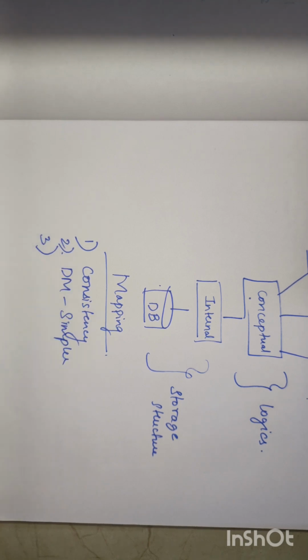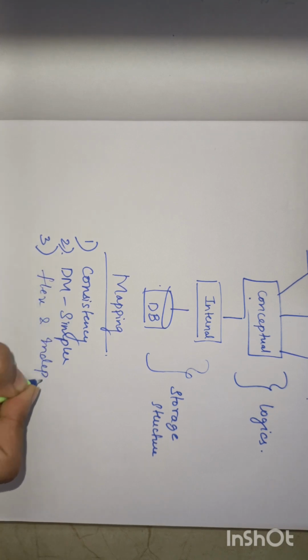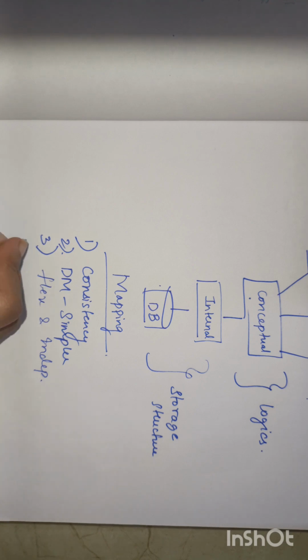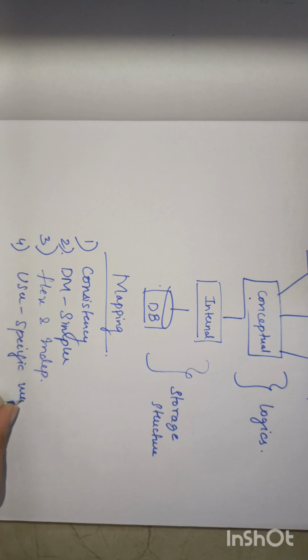These are the few reasons why we do this kind of mapping, or these are the advantages of mapping it in a certain way. We can access the data in a more flexible and an independent form. We can have different user specific views. User specific views can be created.